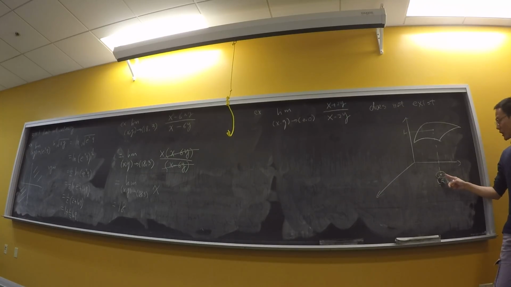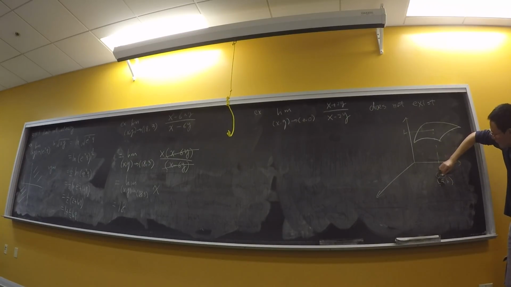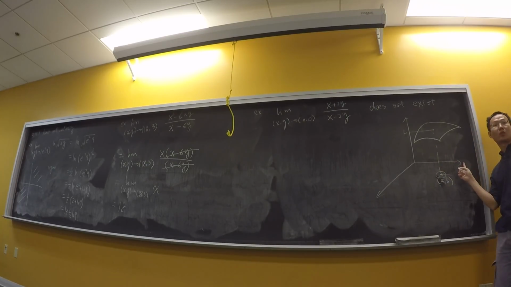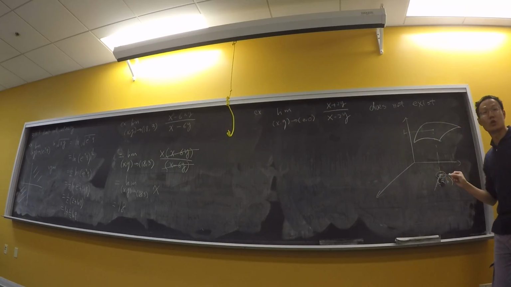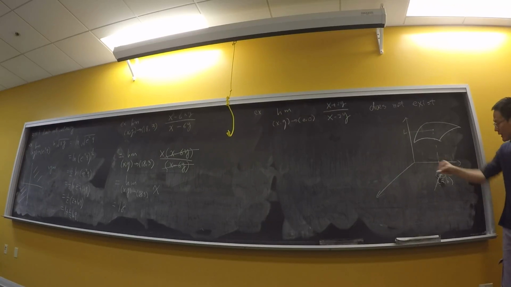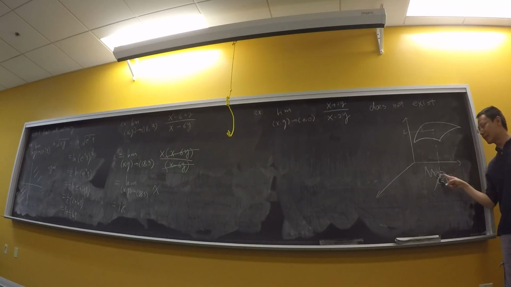Am I right? You can go along a line parallel to the x-axis to this given point. You can go along a line parallel to the y-axis to this point. You can go in this direction, which is parallel to the y-axis. You can also go in this direction, which is parallel to the x-axis. You can even zig and zag to this point. You can go along any imaginable curve as long as it is getting closer to this fixed point AB.